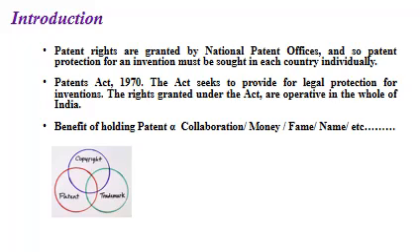If we go for copyright, copyright is nothing but we have to write something, publishing books, songs, films, like this. These are the things that will be registered for copyright. The third thing is trademark.